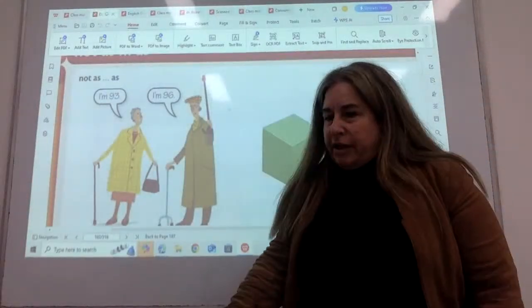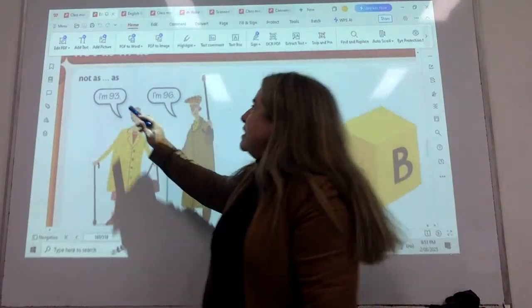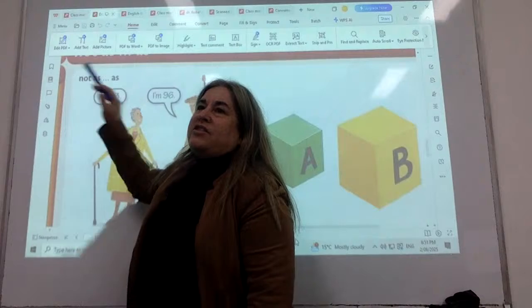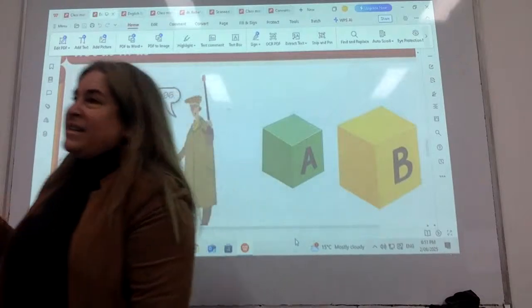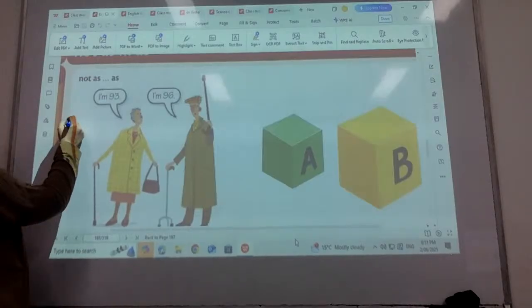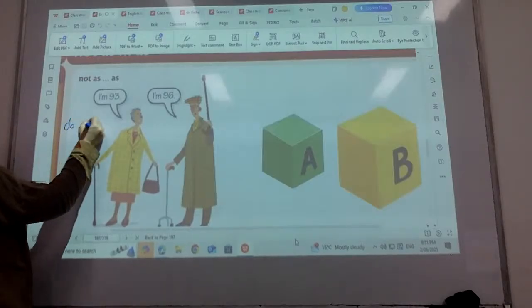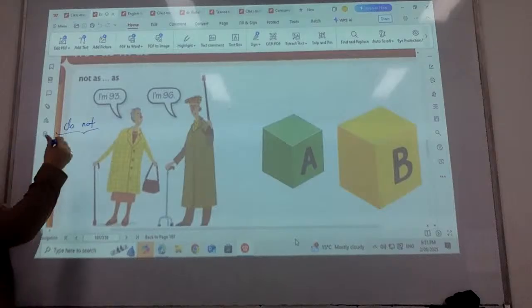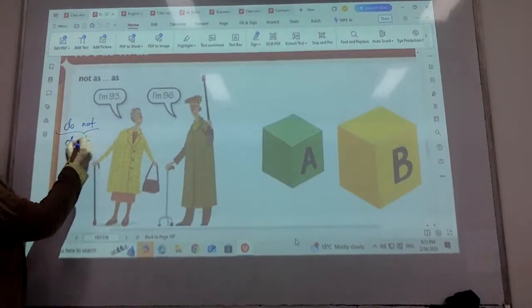A lot of people make the mistake of understanding that this is "no," but it isn't. The "not" we can conjugate, as I said. So for example, do not is going to be don't.